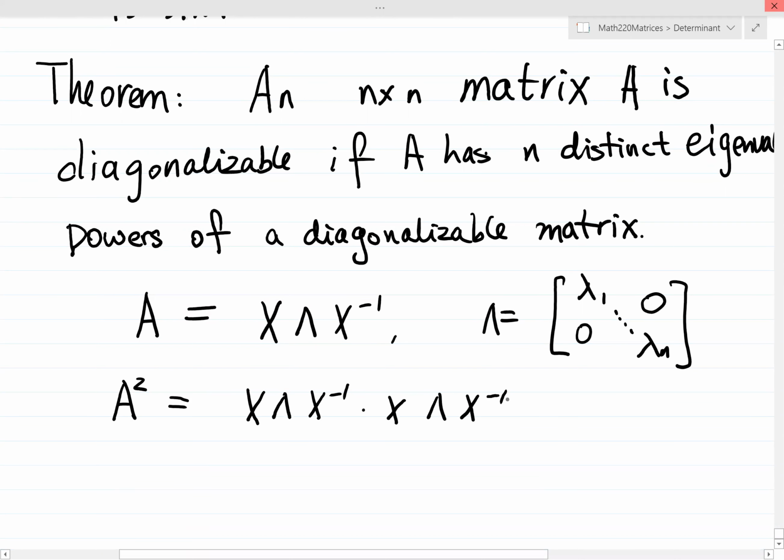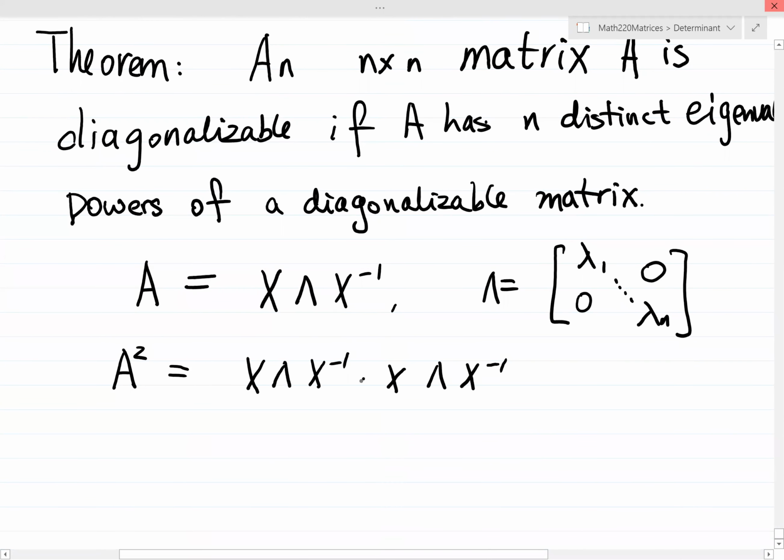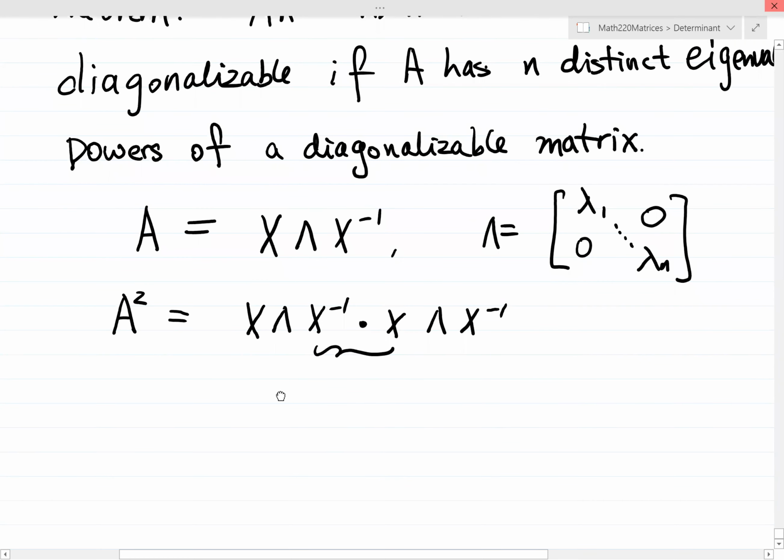Matrix multiplication is associative, so X inverse times X gives the identity, and they cancel each other. Then we get X gamma squared X inverse.